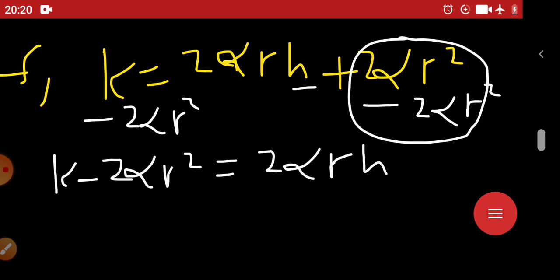Here we need to make H the subject of the formula.